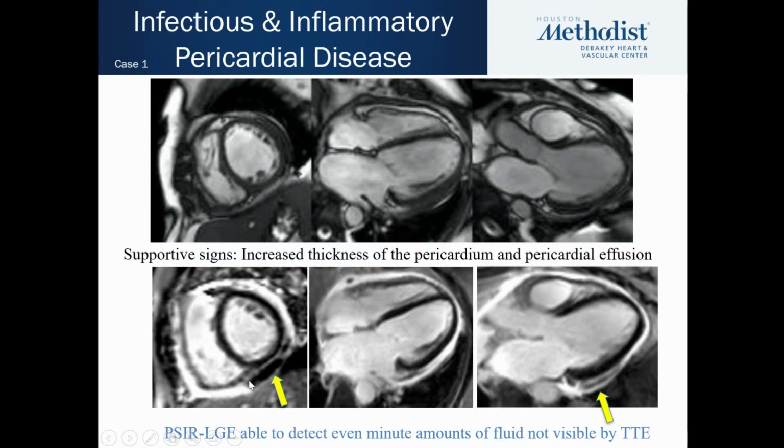So we can indirectly also look for evidence of pericardial effusion with these sequences, similar to what echo can. But the main point I want you to realize is that this particular sequence, this PSIR, can be very, very sensitive to detecting very, very small amounts of effusion that can be very easily missed by echocardiography.